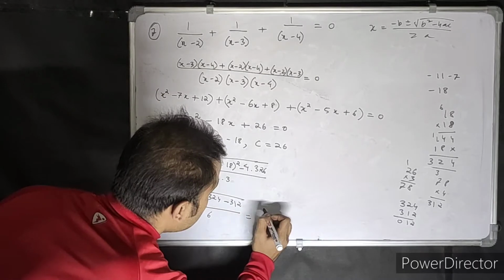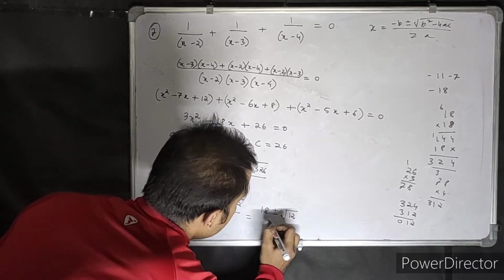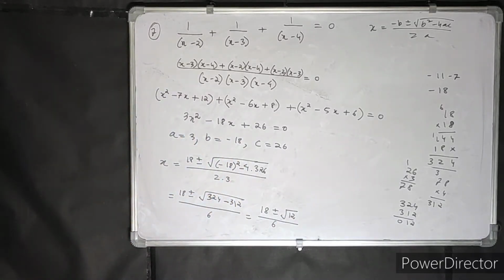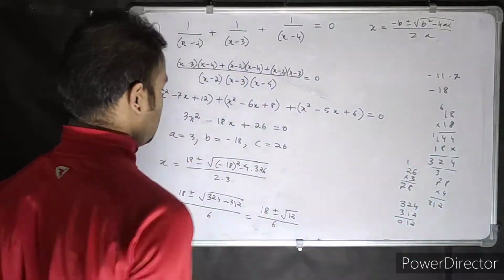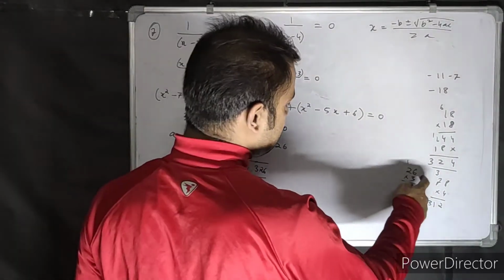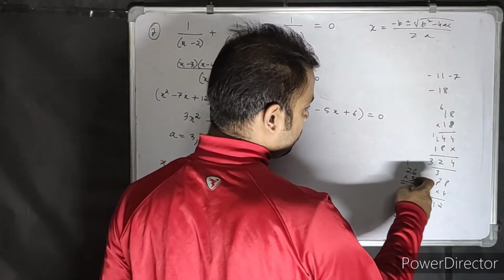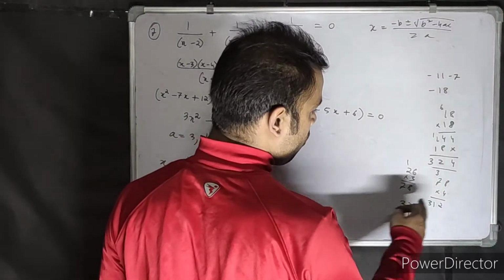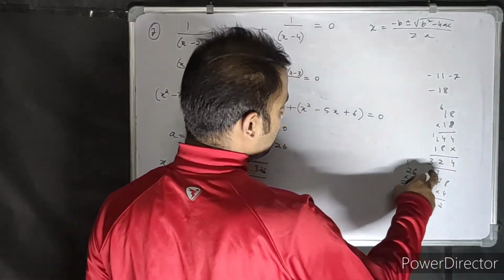So from here what do we get? We get 18 plus minus root over 12 whole thing divided by 6. I hope I'm not making any mistake. Okay, let me once again quickly check it. This is not a mistake. Now 26 into 3, 6 3s are 18, 3 2s are 6 plus 1, 7, and 78 into 4. 8 4s are 32, 7 4s are 28, 31.